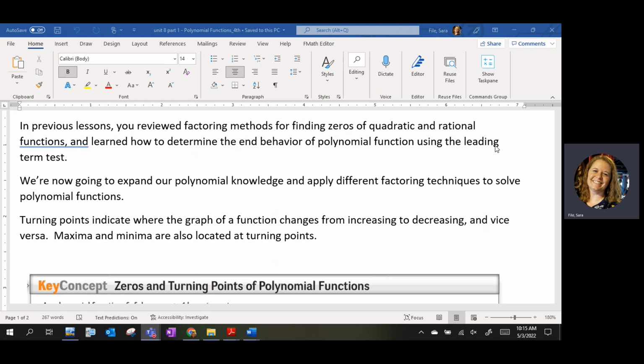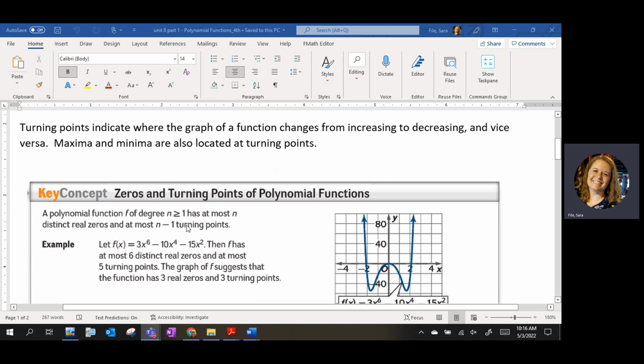We did the leading coefficient test or the leading term test. We've talked about the turning points on the graph of a polynomial. Those are the maximums and minimums. We talked about absolute versus relative max and minimums. We talked about increasing and decreasing intervals. We talked about all that back in Unit 6 before spring break. So we have talked about different characteristics of polynomials, and what we're going to focus on now are the zeros.